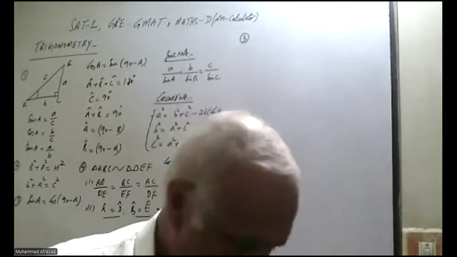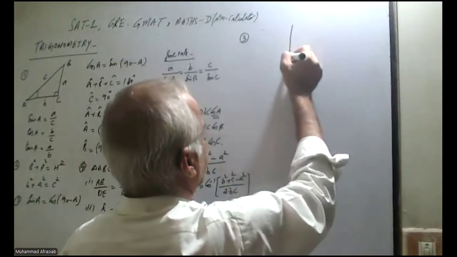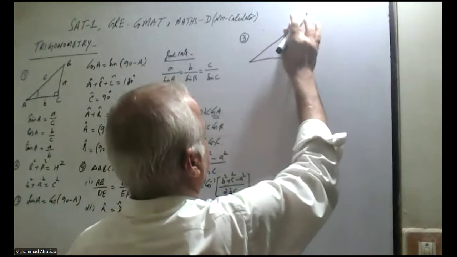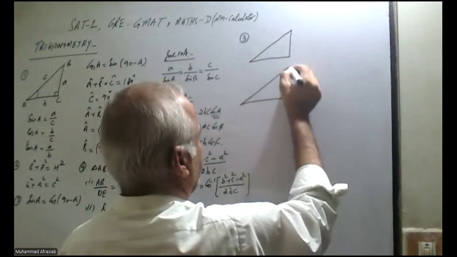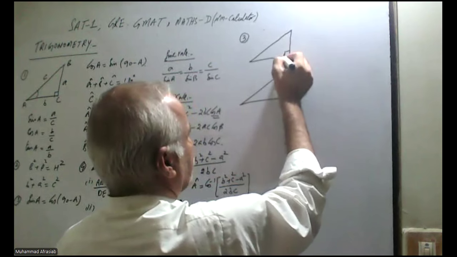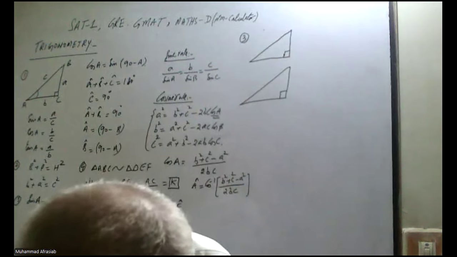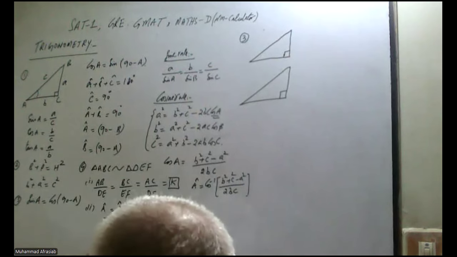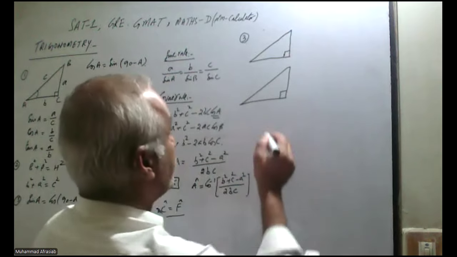So the triangle DEF, and there is another triangle UTV, where the angles are equal. So you have made this F is equal to V, which is 90.